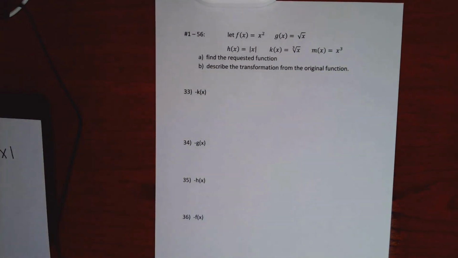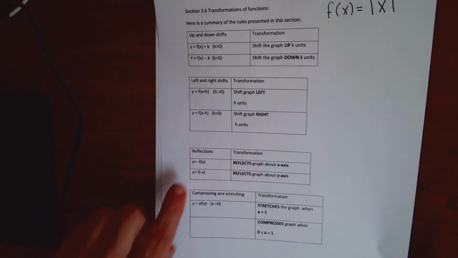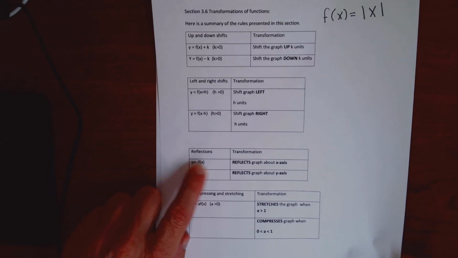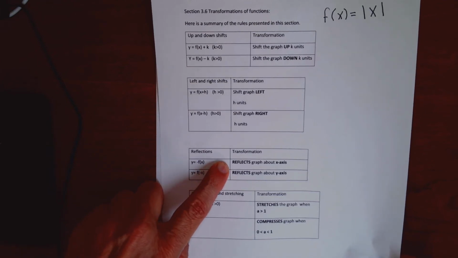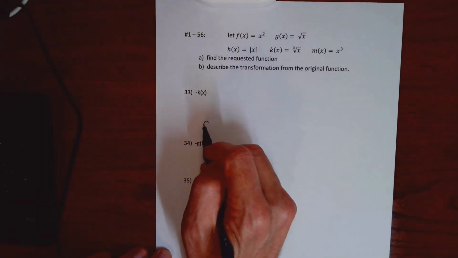So the next few problems, you see 33, 34, 35, and 36, they all have negatives in front of the function notation. Negatives in front of the function notation, the part B is going to be reflects about the x-axis, or reflects over the x-axis. 34 calls out the g function.